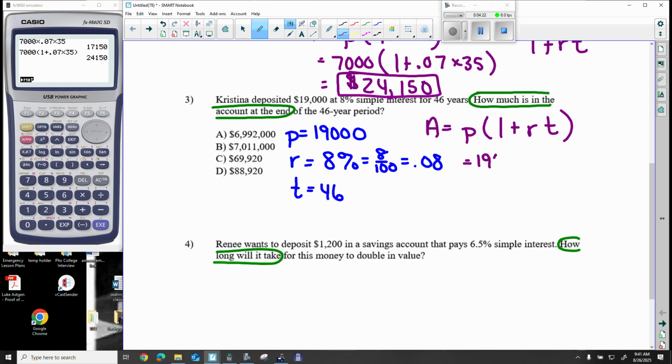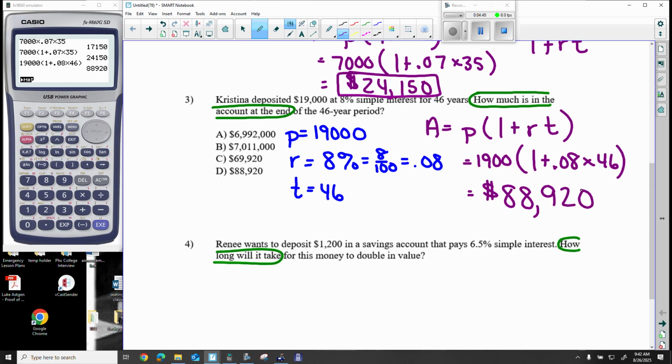So this is 19,000, 1 plus the rate times the time. So 88,920, option D.